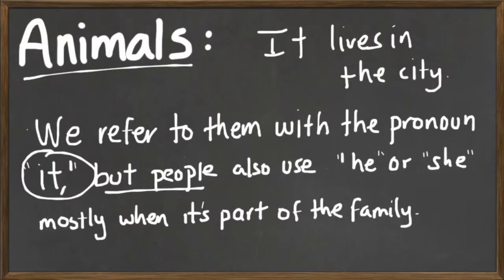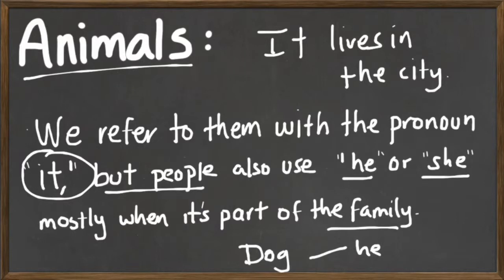However, people also use he or she mostly when it's part of the family. For example, if we talk about a dog and that dog is part of a human family, we can refer to that animal as he, or if it's a female dog, you can say she. Alright, so this is important.